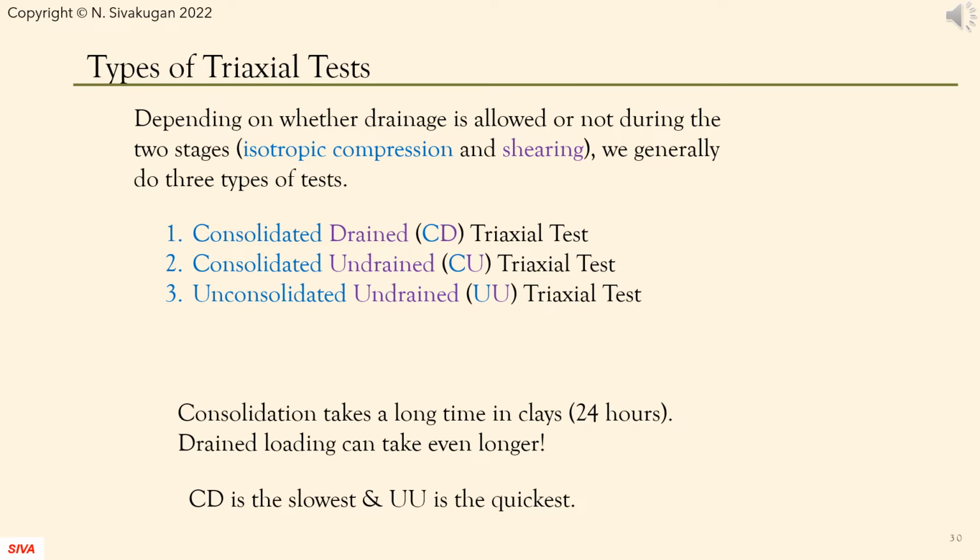Depending on whether the drainage valve is open or closed during the 2 stages, we generally go for 3 types of triaxial tests. There are consolidated drained, consolidated undrained, and unconsolidated undrained triaxial tests. They serve different purposes.